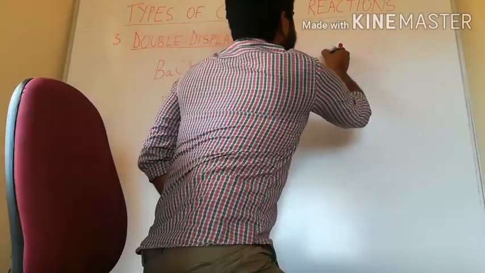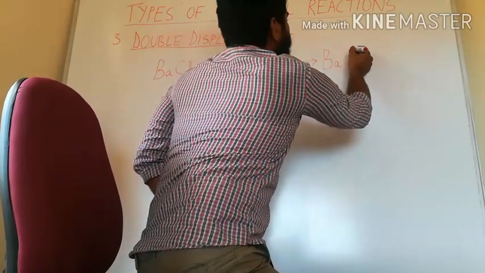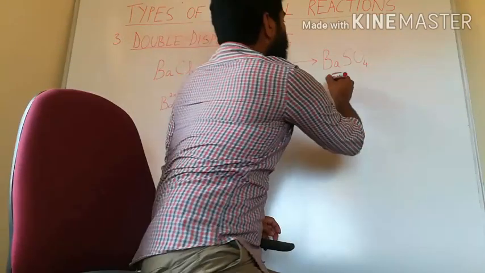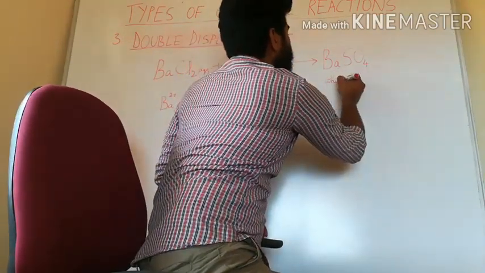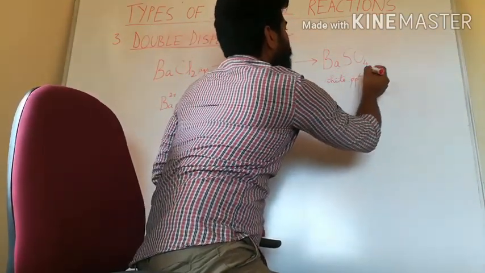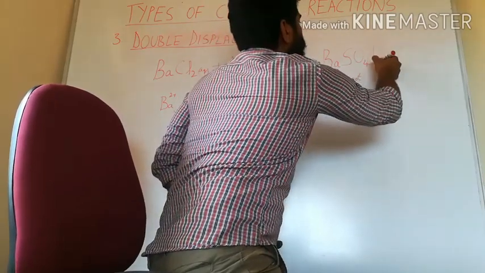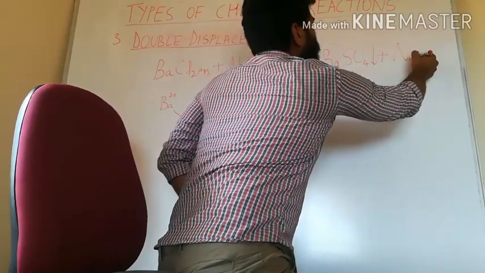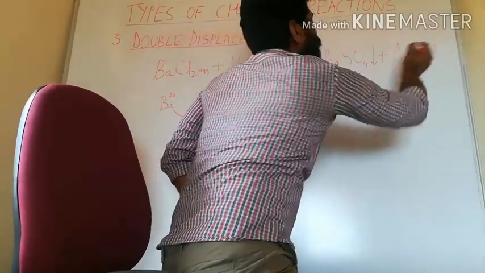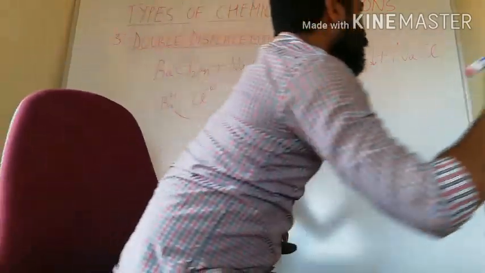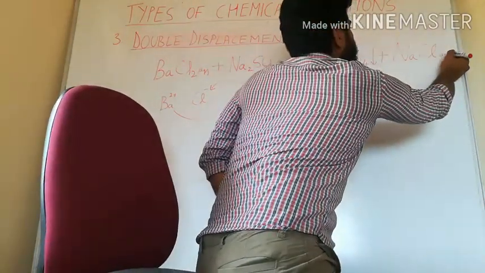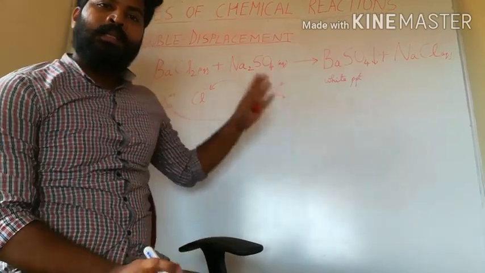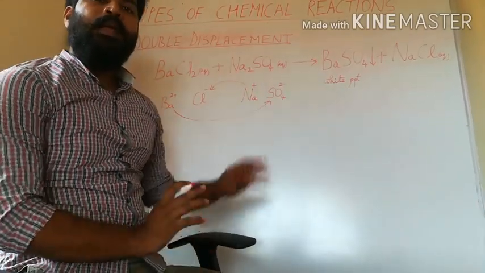So we get a product barium sulfate, which is our white colored precipitate. The white color is barium sulfate, which we can also show as a downward arrow mark, and another product being sodium chloride, which is dissolved. So it is aqueous, and that is our double displacement equation.